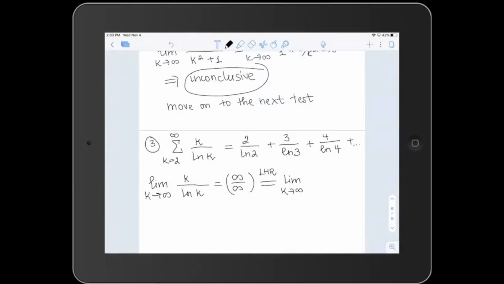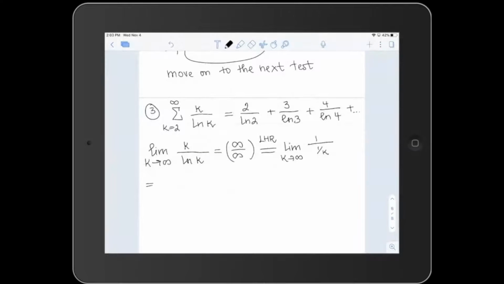Okay, so derivative of k is 1. Derivative of natural log of k, that's 1 over k. Right? So if we simplify this, we're going to get k. Limit of k as k goes to infinity, that does not exist, right? That is infinity.